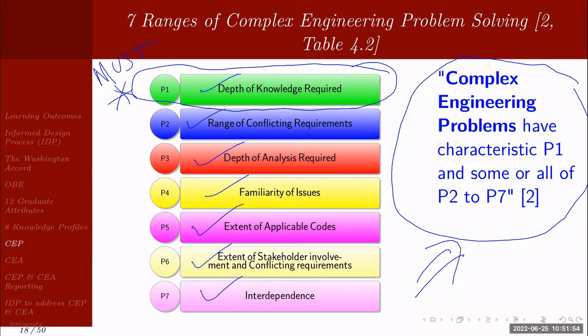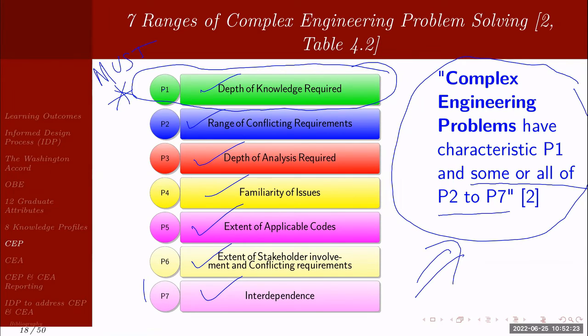In order for a problem to become a complex engineering problem, P1 should be there, and then maybe 2 to 3 from P2 to P7 should be there. They are saying some or all of P2 to P7, so you don't have to have all 7 ranges.